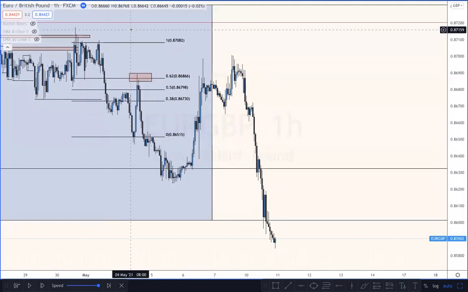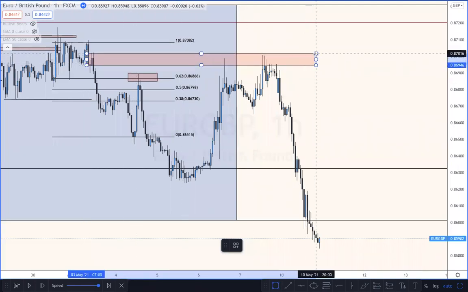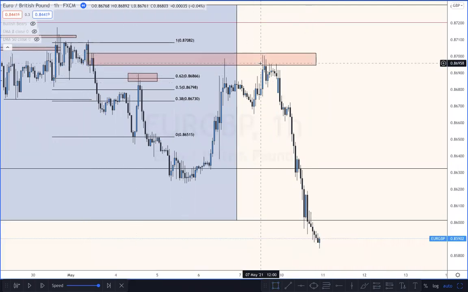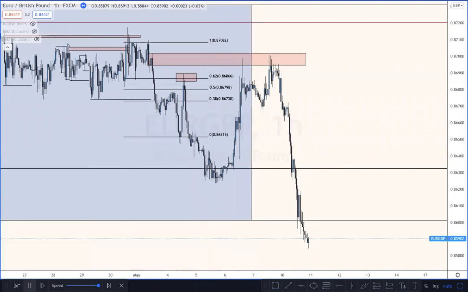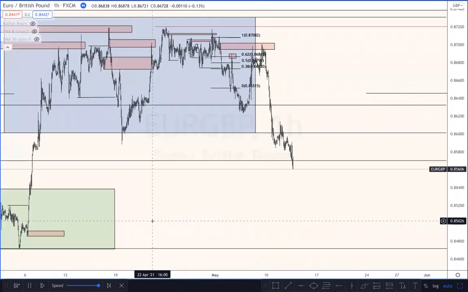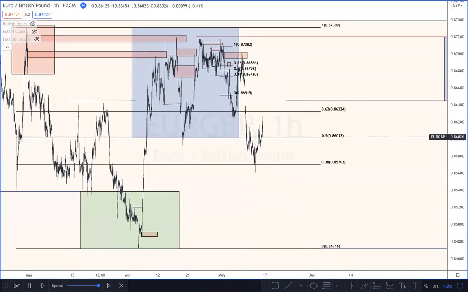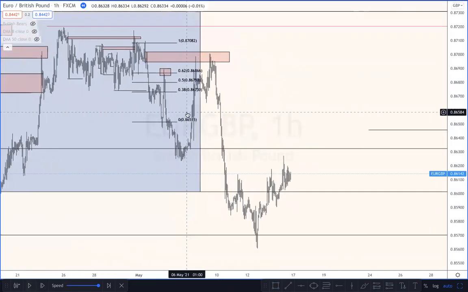What do we have here? What's in here? Everybody. Unmitigated order block. And what happened in there? Dropped. Now, let's pause it again.